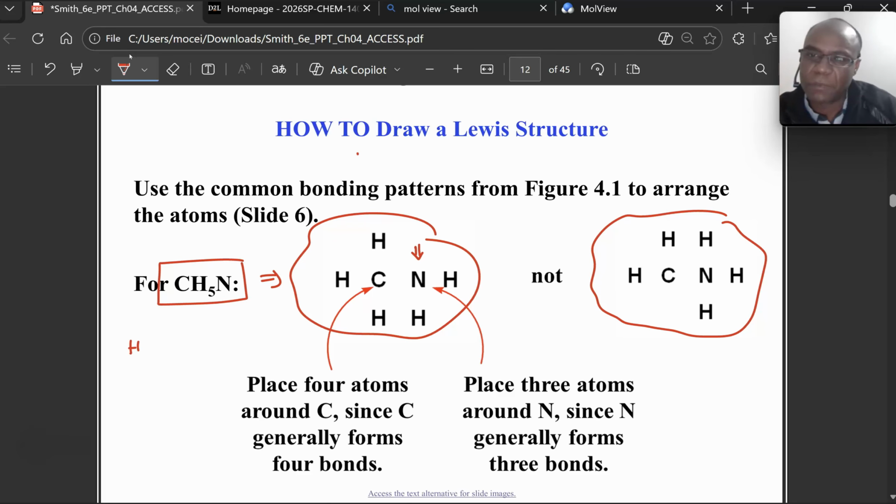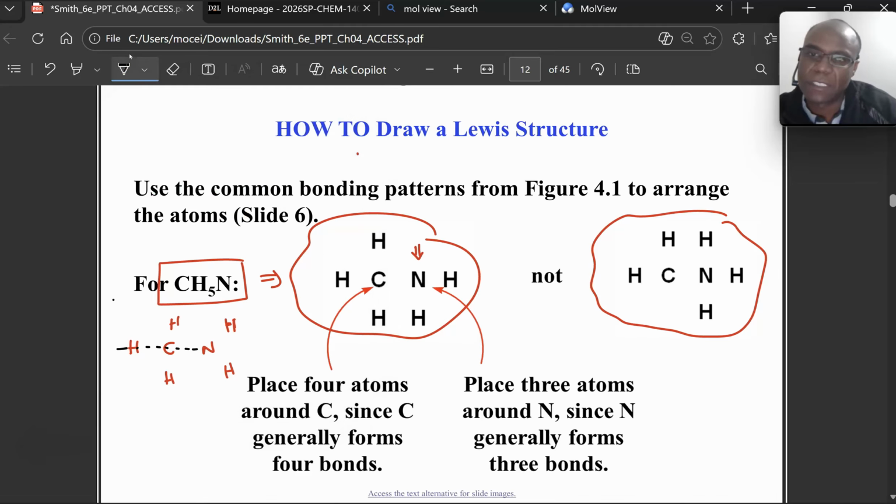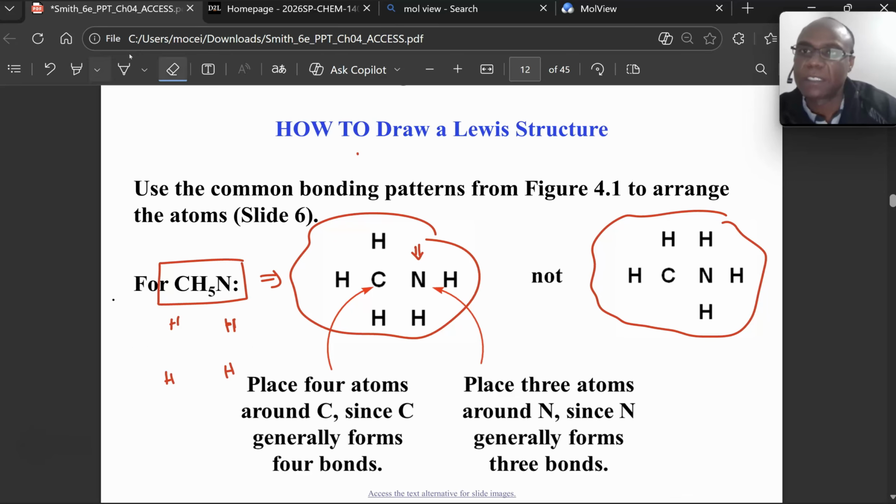So for me, I'm thinking that if I do it this way, the molecule is gonna be happy because it's quite symmetrical. See that? There's a way I can cut it into equal halves. I see the same thing up and down.